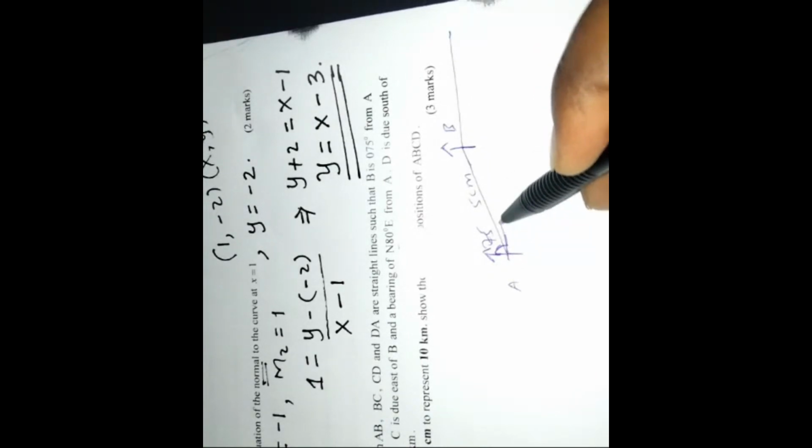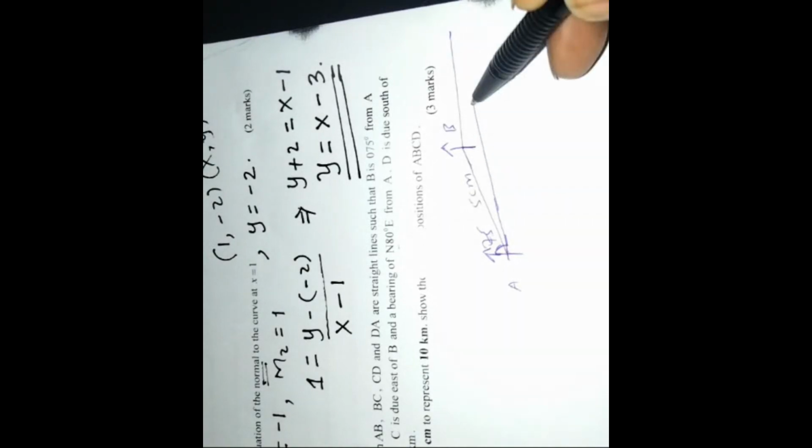So we just prolong this until where the two will meet, and that will become our C. Remember, it should be east of B and 80 degrees from the north towards east of A. So where the two instructions meet, they will give us our C.